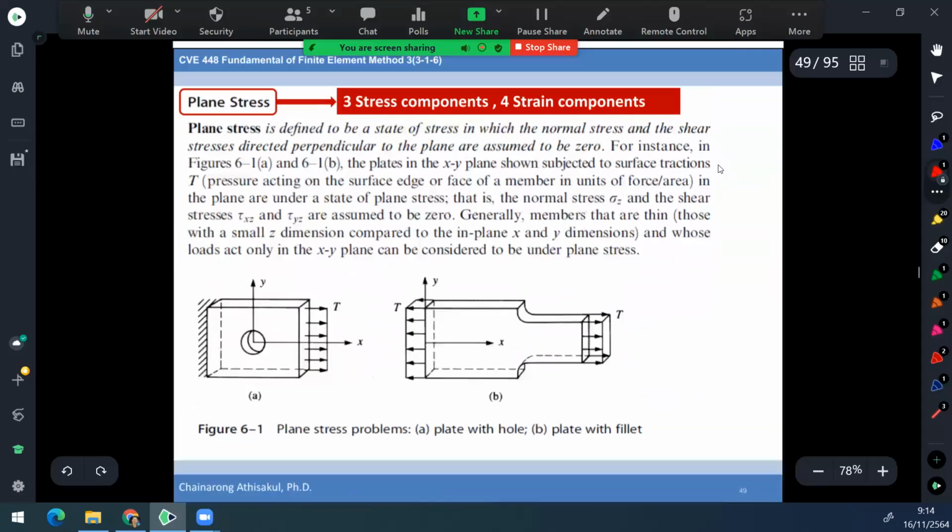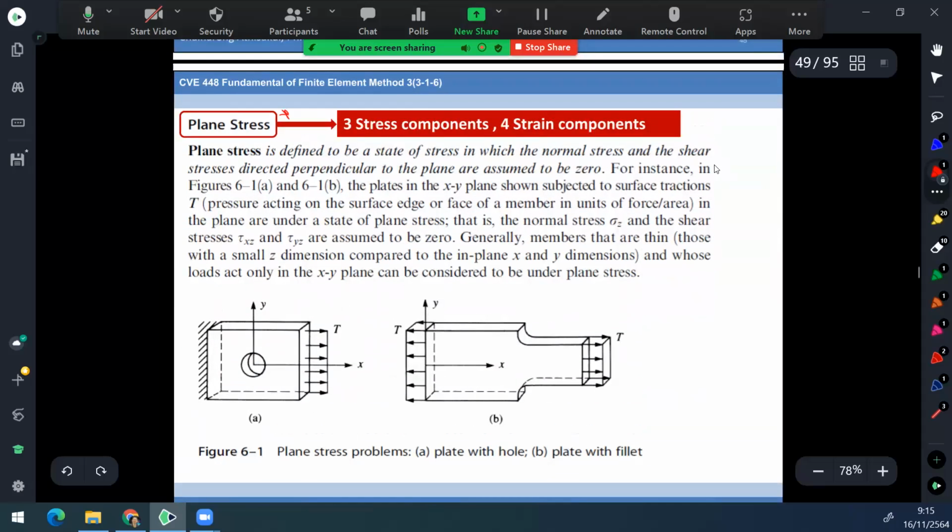For the plane stress problem, what is the definition? It means that we consider just three components of stress. This means that we have sigma x, sigma y, and also tau xy. For the out-of-plane stress, it may be small enough to be neglected.